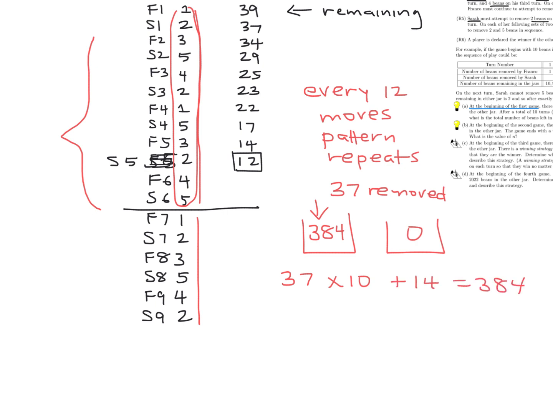So that means we got to go through this thing right here 10 times, and then another 14 beans. So that means 12 moves 10 times. So that's 120 moves. And then when you get to 120 moves, we'll have 14 left. Okay, so that makes it a lot easier.